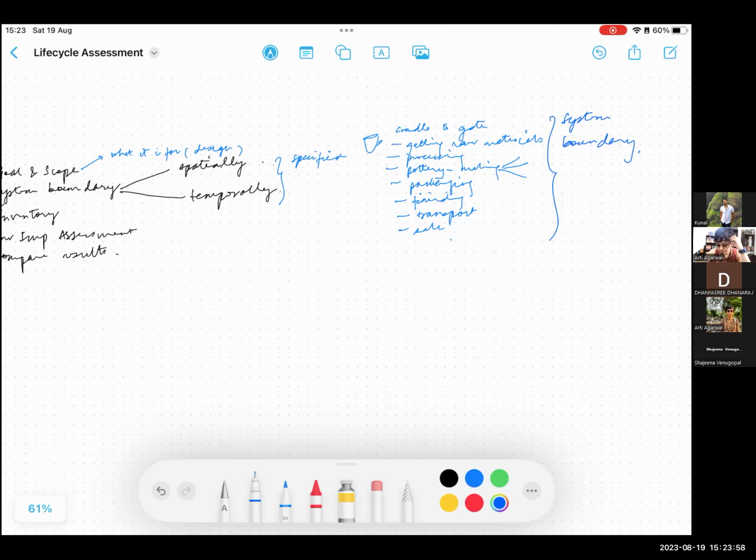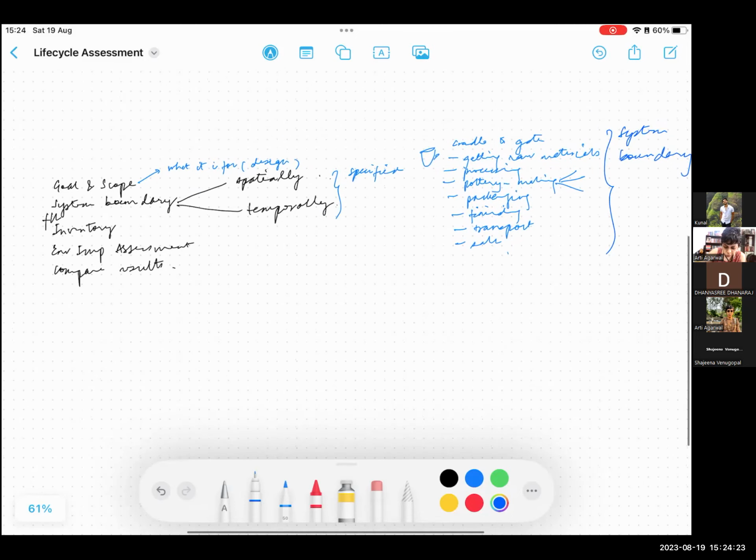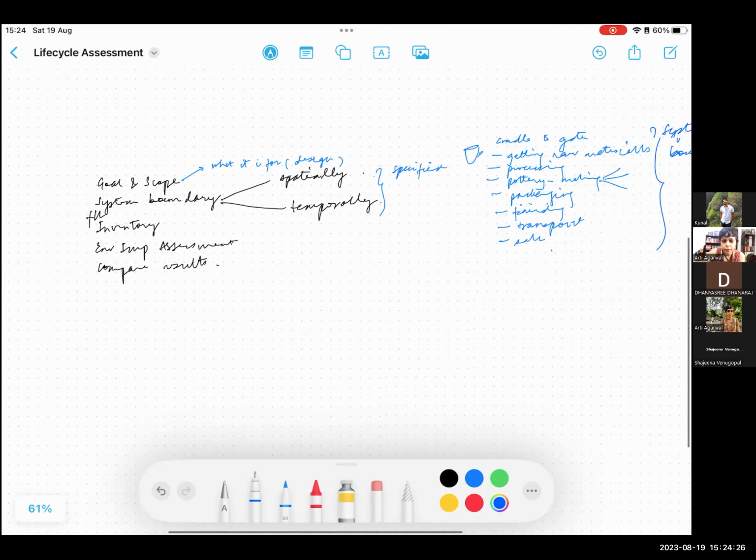And then if you decide that you're only going to do it for these parts and not these parts, then you need to explain why, or explain why not, right? Generally, in your LCA report, you will have to give a detailed description of all of these things. So this is how you define the system boundary, basically, right? Spatially and temporally.